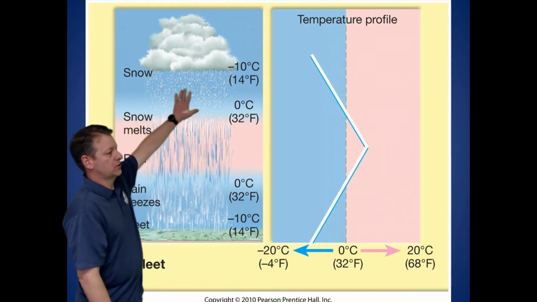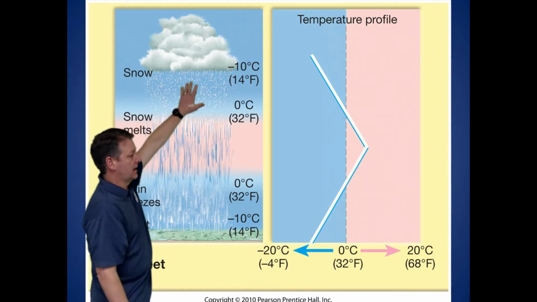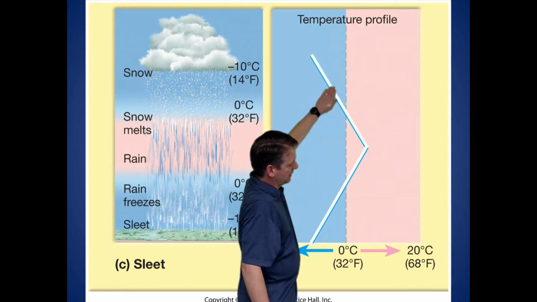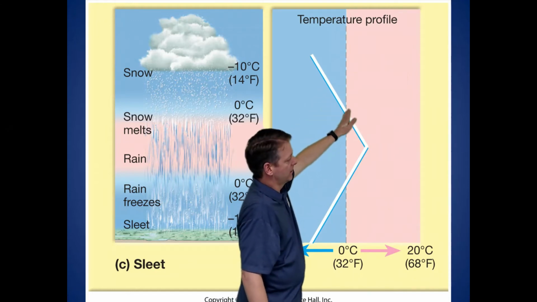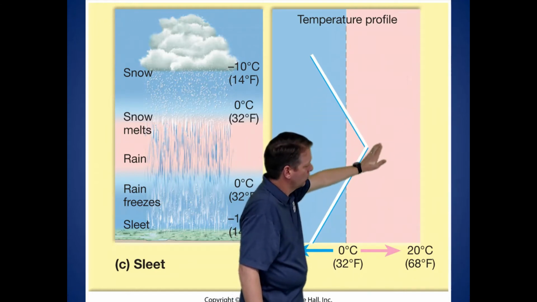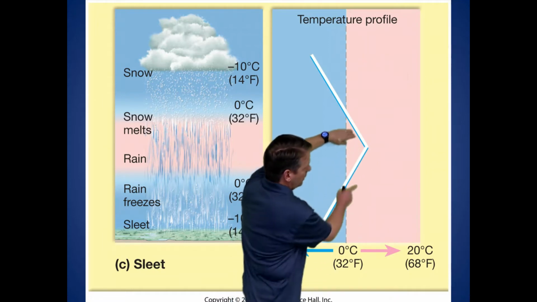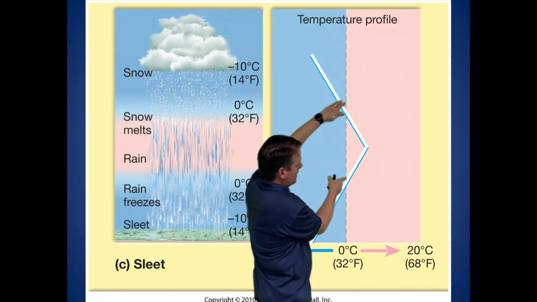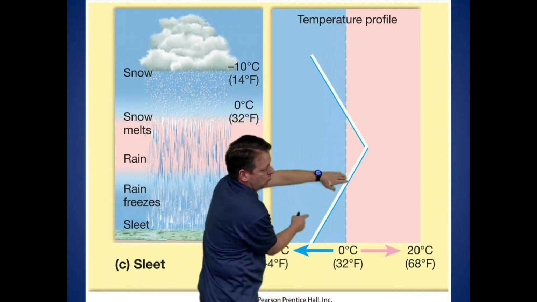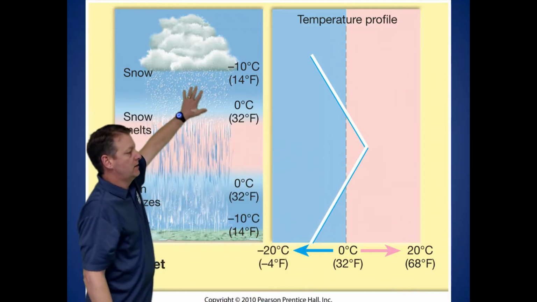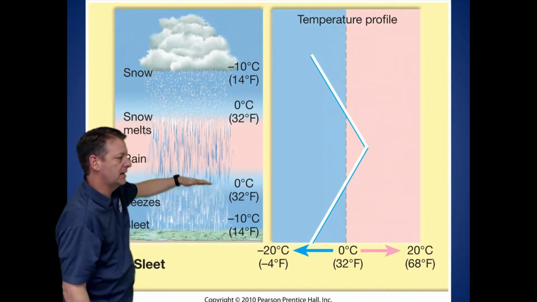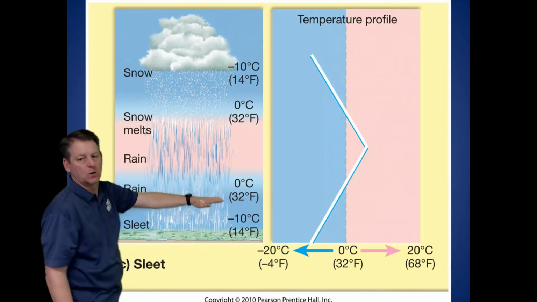So we have the cloud that's right up here, and we end up with that snow that starts to fall. When we look at the profile here, take a look. So we have nice cold air, and then it warms up. We get into this warm area, and it comes down over here. And what I really want you to do is look at the length right here, for how far it's in the warm. But then what happens is it comes out, and it starts to cool back down again. So we have snow, gets down into this warmer region, it starts to melt, but then it gets back down here and we start getting that cold air again.